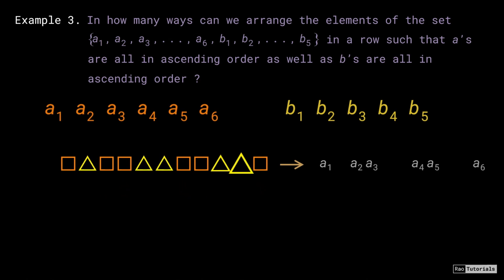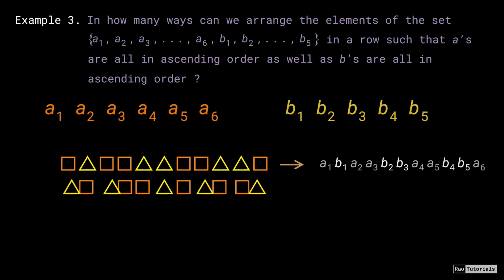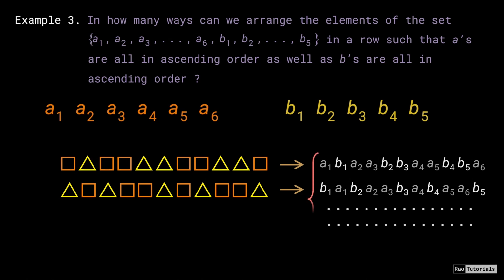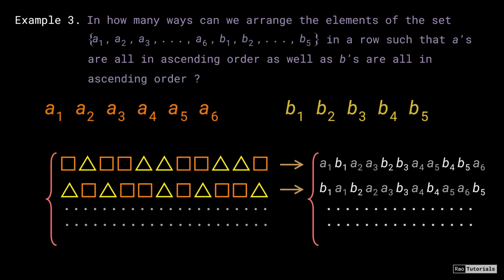Similarly, triangles represent B's and B's are also in order, so the first triangle is B1, second is B2 and so on. So any arrangement of these squares and triangles corresponds to a unique required arrangement of A's and B's. So the total number of required arrangements is equal to the total arrangements of 6 squares and 5 triangles, which can be done in 11 factorial by 6 factorial times 5 factorial ways, which is the required answer.